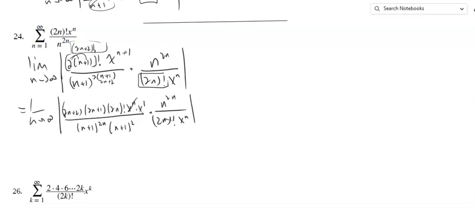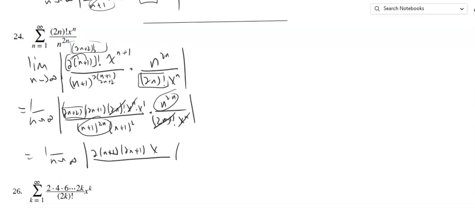Okay, well here, these two cancel out. And the limit as n approaches infinity, I'm going to factor a 2 out of that. Oh, and these cancel out. That was why it reduced it. Now, I'm going to take these two and combine them into one. And on the bottom, there's n plus 1 squared.